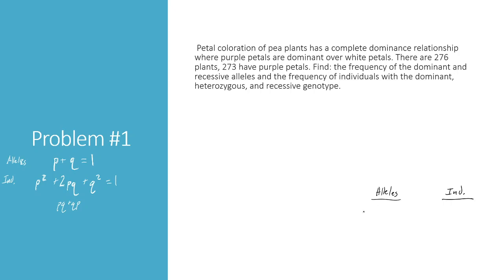So for the alleles, I'm going to be able to find out what p is, the ratio of dominant alleles. I'm going to be able to figure out what q is, and I'm going to be able to figure out how common each of these types of individuals are.